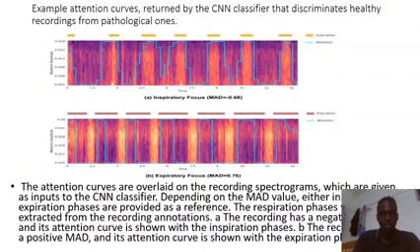In A, the recording has a negative mean attention difference, and its attention curve is shown with the inspiration phases. In B, the recording has a positive mean attention difference, and its attention curve is shown with the expiration phases.